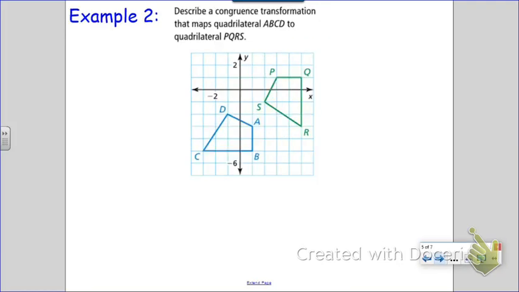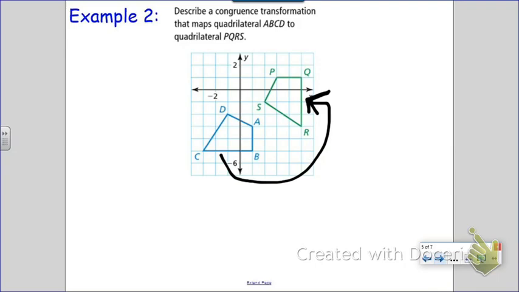In our next example, we describe a congruence transformation that would map the first quadrilateral ABCD to quadrilateral PQRS. If we look at the mapping of this, we're going to be turning or rotating it this way.